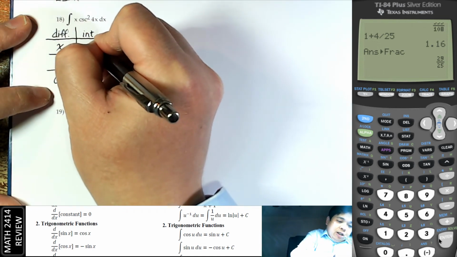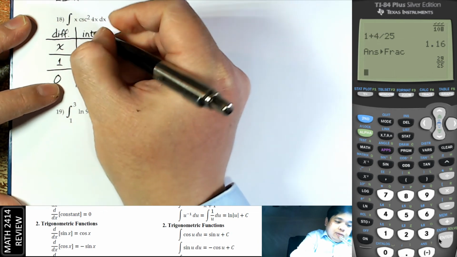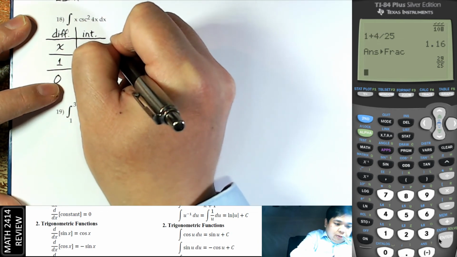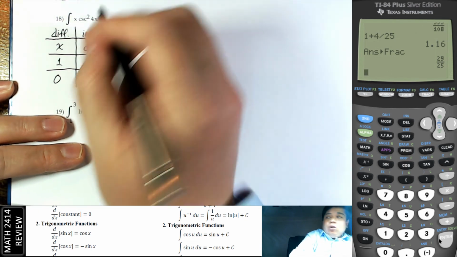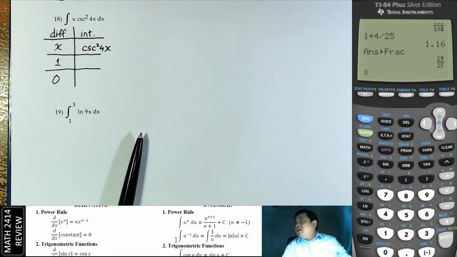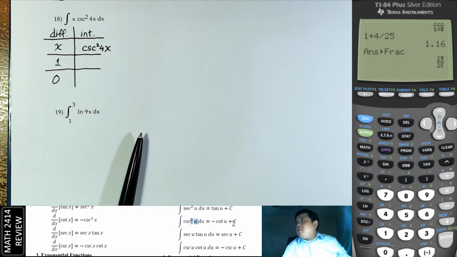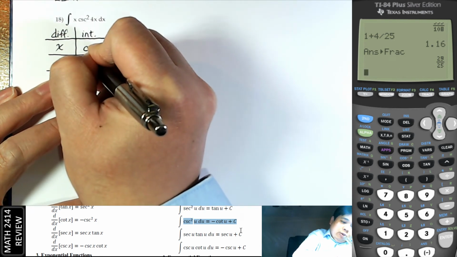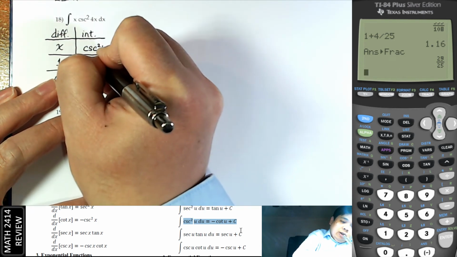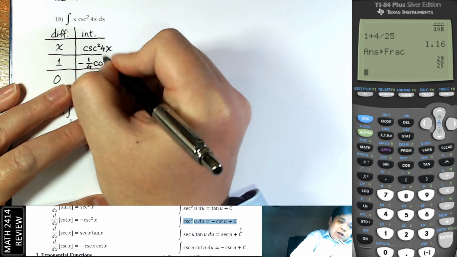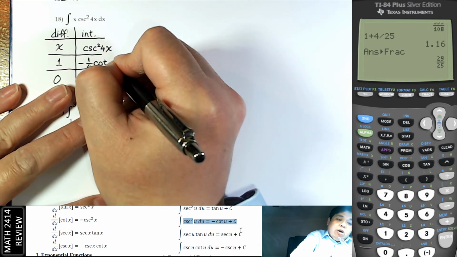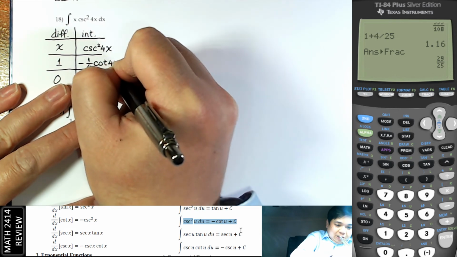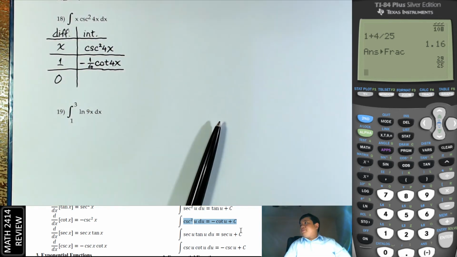Now cosecant, the integral of cosecant squared is negative cotangent. And there's a 4, so we put that divided by 4. Cotangent of u, which is 4x. The cosecant squared.